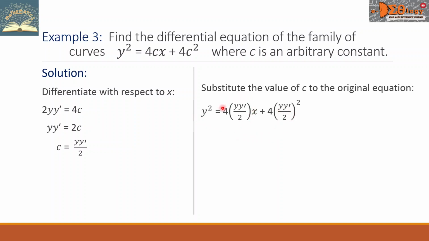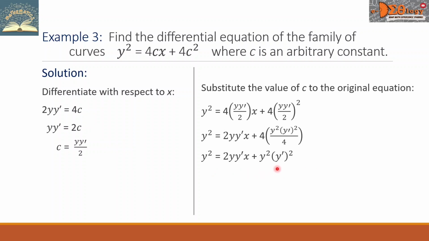Looking in here, we can cancel this 4 with the 2. Then we can simplify our exponent here, and the new equation becomes like this. Look at this expression. There is a constant 4 outside, and we have denominator 4 in here that we can cancel. So the new equation can be simplified into like this.